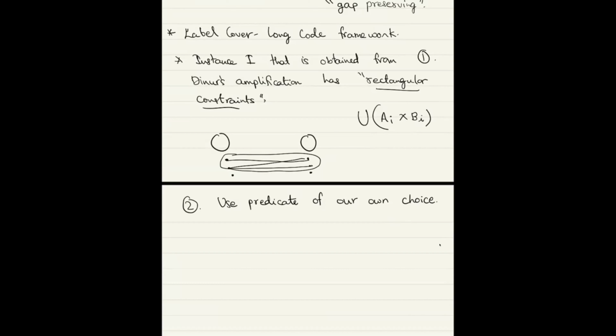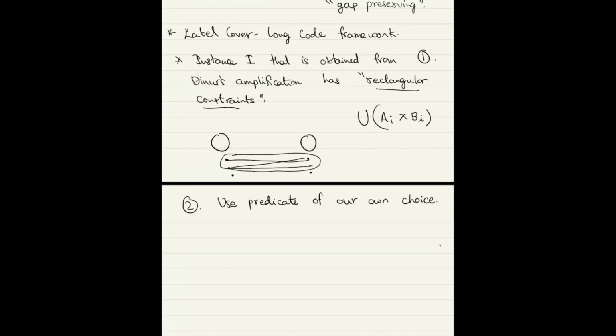The reduction is the same label cover long code reduction that most of the previous results have also used, where you have a constraint satisfaction problem over a large alphabet. You replace the variables with new variables, the long code of the variables in each block, and then add constraints according to the dictatorship test.